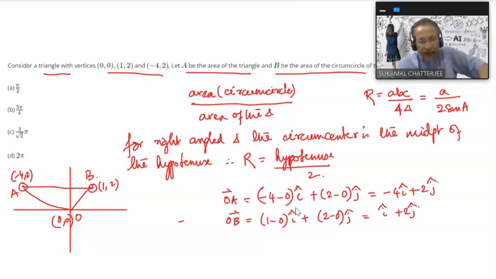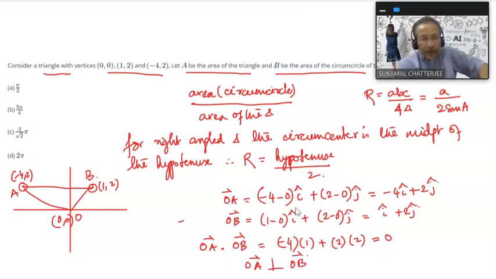So if I take the dot product of OA and OB, OA dot OB will be -4 into 1 plus 2 into 2, which is 0. So the dot product of OA and OB is 0, which means OA is perpendicular to OB, which means the angle AOB is 90 degrees. That means this is a right angle triangle.